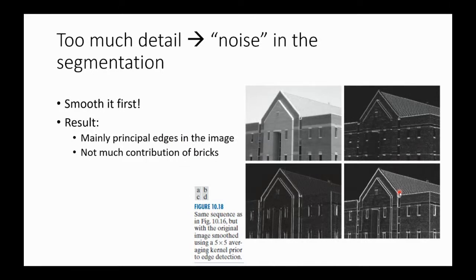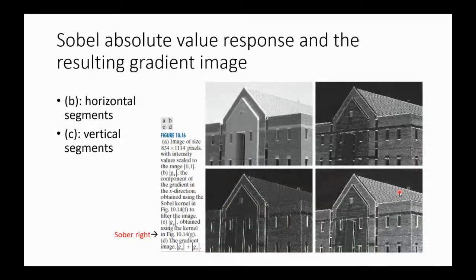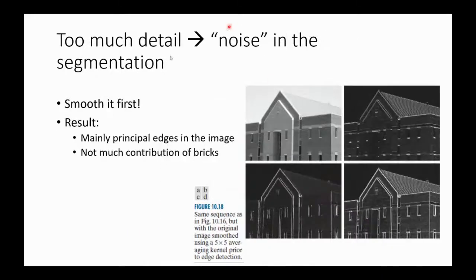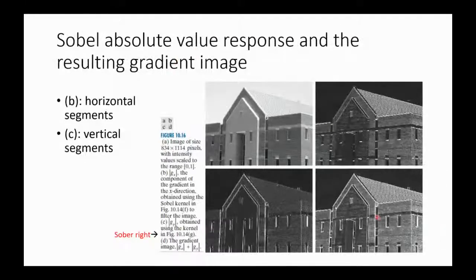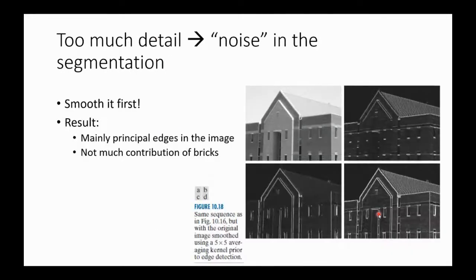But of course, the simple solution for this problem is to smooth the image first. Too much detail, in terms of gradient, is noise. So you smooth the image, and then you apply the same principles.